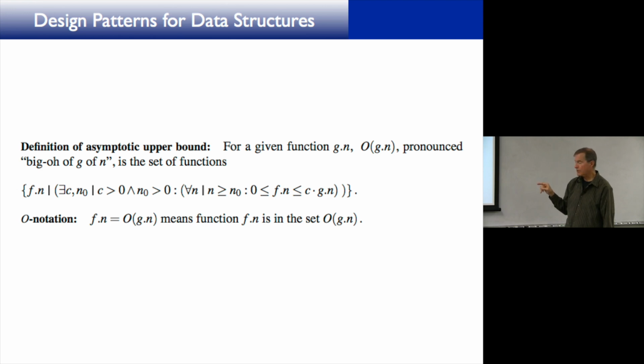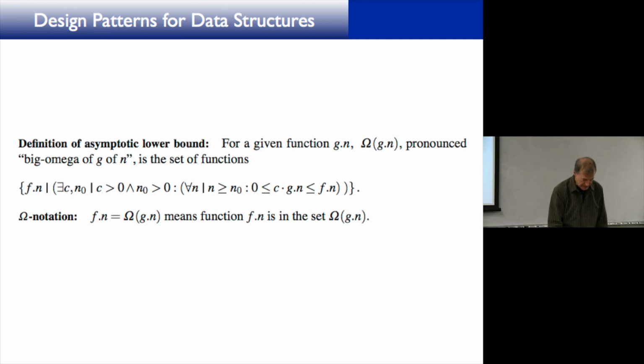There exist positive constants c and n naught, such that f of n is less than or equal to c times g of n, right? For all n greater than or equal to n naught. So one of those two constants.